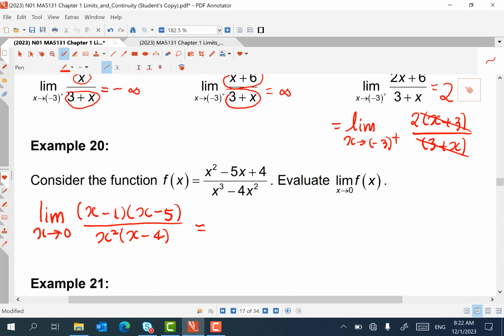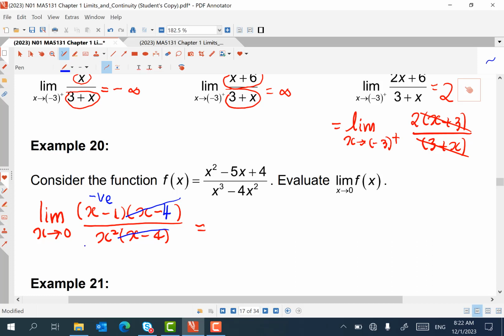When x is very near 0... Thank you for pointing out. Okay, so we can do a cancellation. Now we ask, when x is very near 0, the numerator is negative.